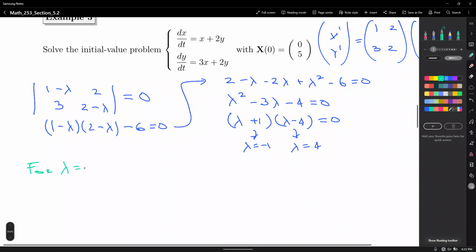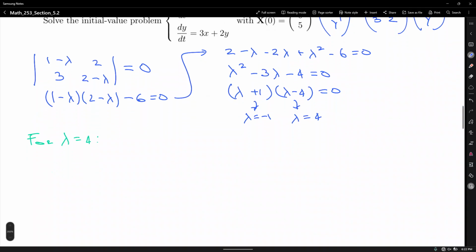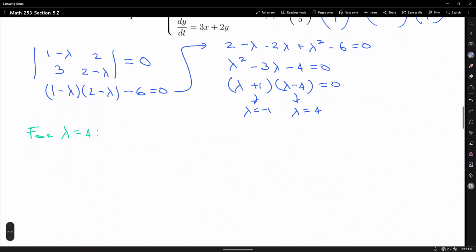Lambda equals 4. That is A minus 4 times the identity matrix times k, the eigenvector corresponding to the eigenvalue lambda equals 4, equal to the 0 vector.